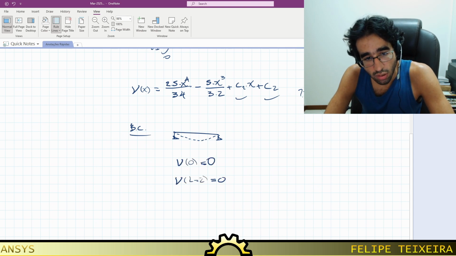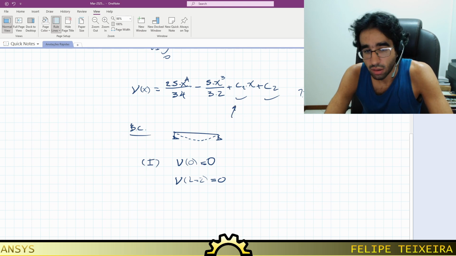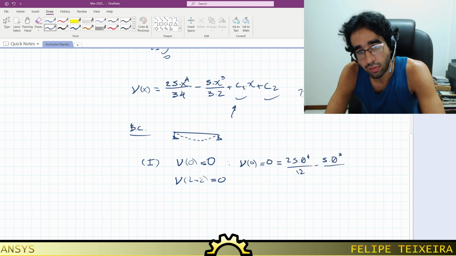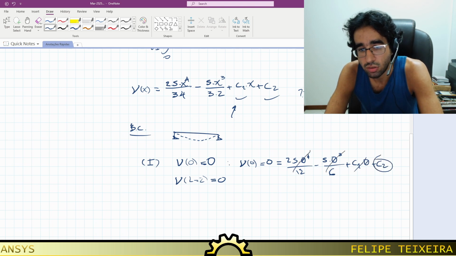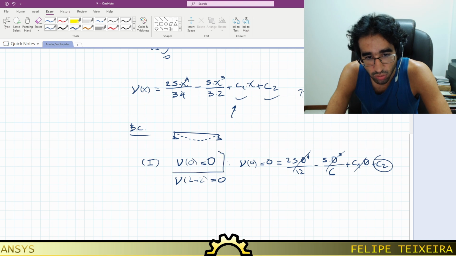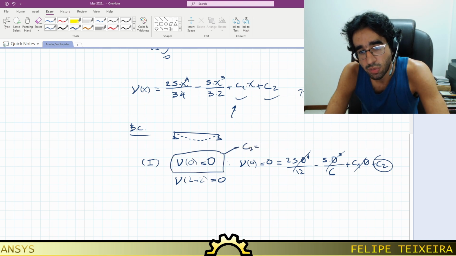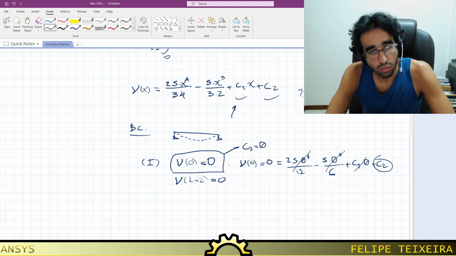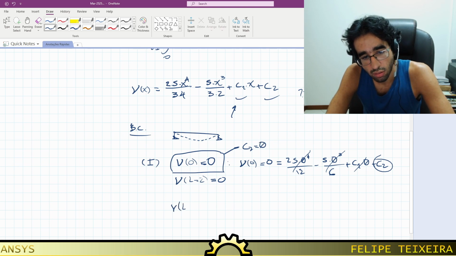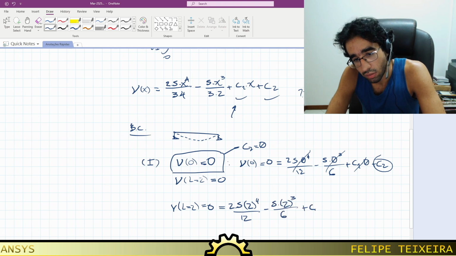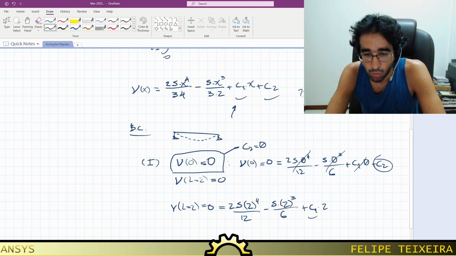If I substitute this first condition into this expression which I have obtained, this is what I'm going to get. So all of these terms cancel, and I'm left with C2. So from this first boundary condition, I already know that C2 must be equal to 0. For the second boundary condition, I'm going to do the same thing. We still don't know C1, but we already know that C2 is equal to 0, so I'm not even going to show C2 here.